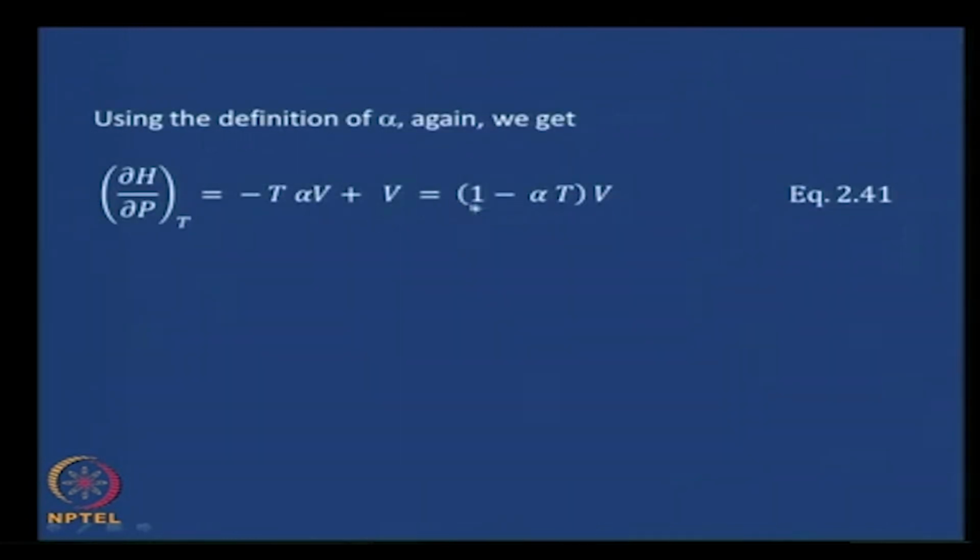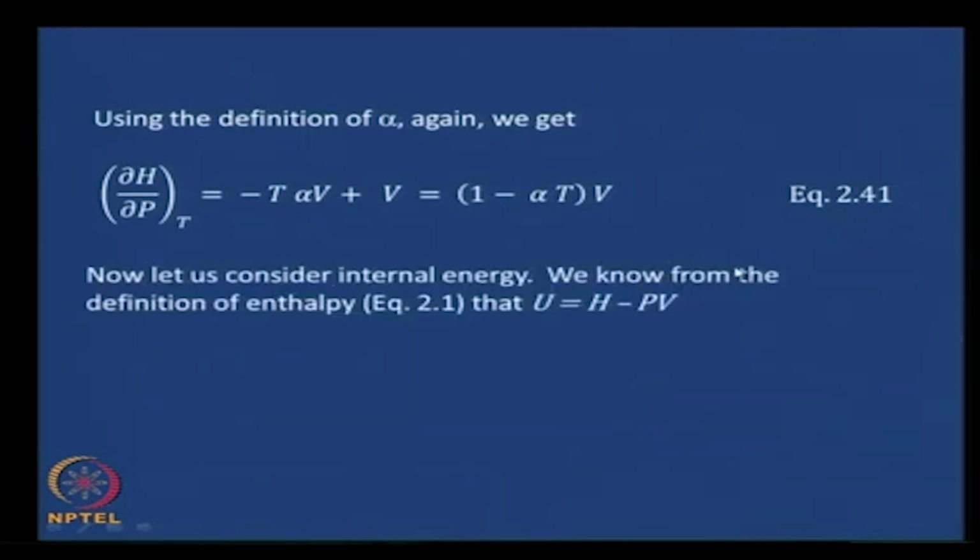And if you factorize a V out, you can write this as 1 minus alpha T, the whole into V. Let us call this equation 241. So, this takes care of the variation of enthalpy with respect to pressure in an isothermal process, the constant temperature process, in terms of alpha, T and V very nicely.